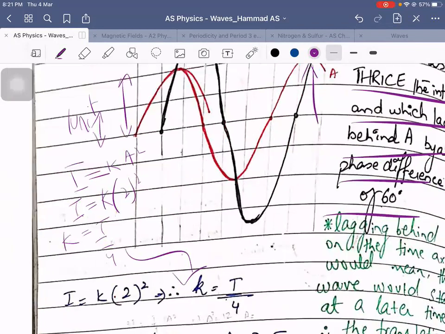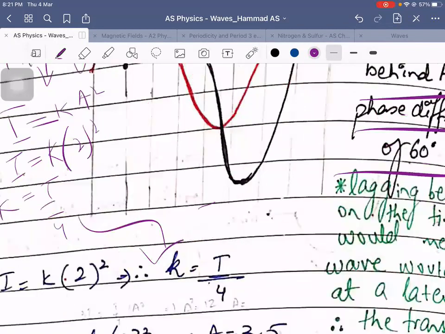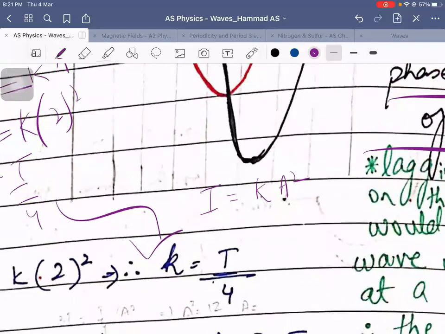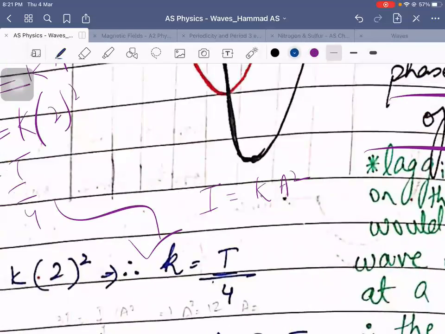Right? For wave B, they tell you that again I is equal to K A squared. You need to work out the amplitude, working off wave B here. So wave B is such that it has thrice the intensity.